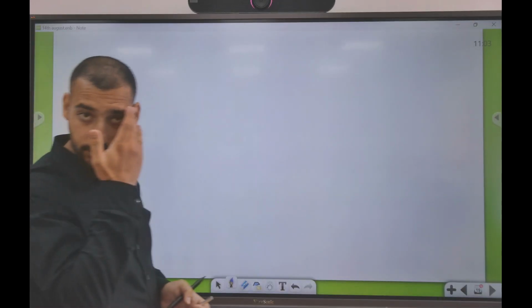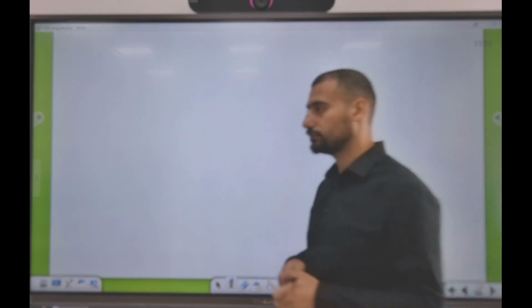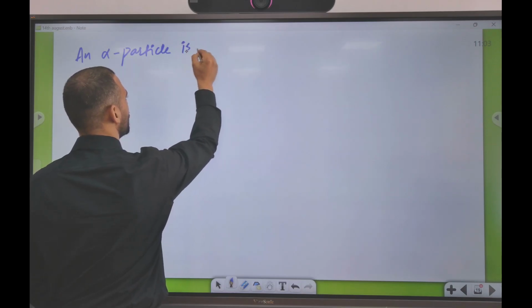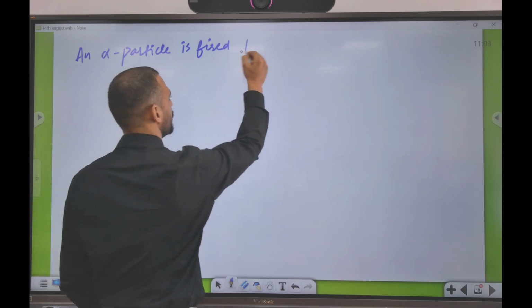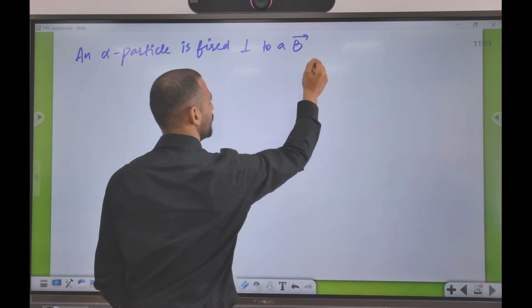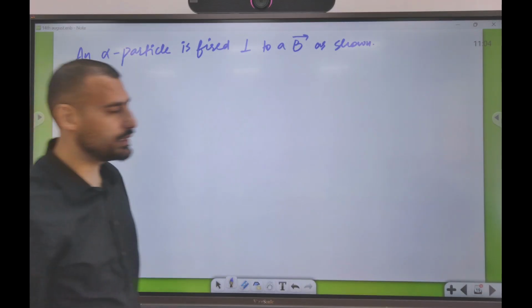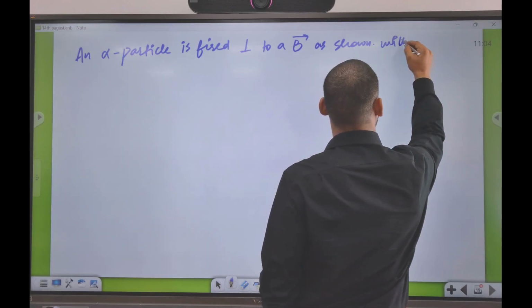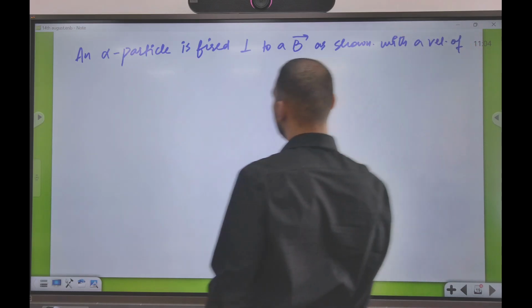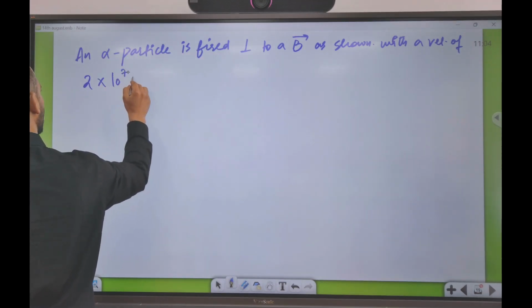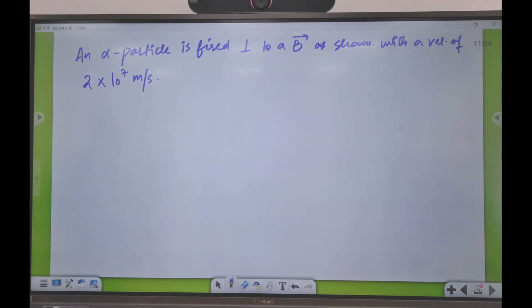An alpha particle is fired perpendicular to a magnetic field as shown, okay, with a velocity of 2 times 10 to the power 7 meter per second.